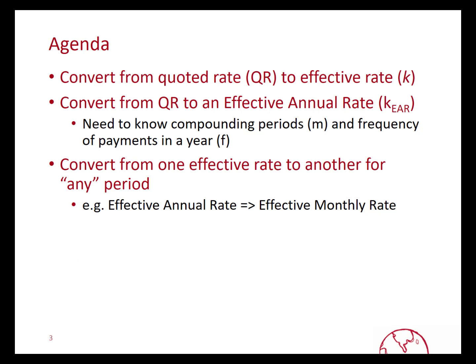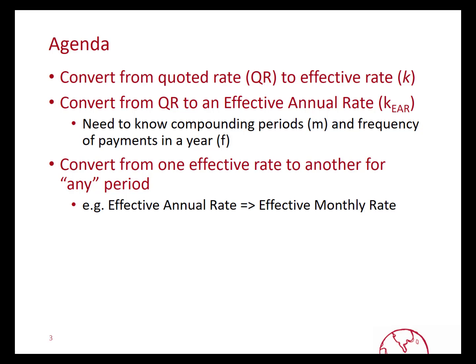So what we're going to do is convert from what is called a quoted rate to an effective rate. We're also going to convert from a quoted rate to a specific effective rate, which is an effective annual rate, or the equivalent of how much your money would grow over 1 year.